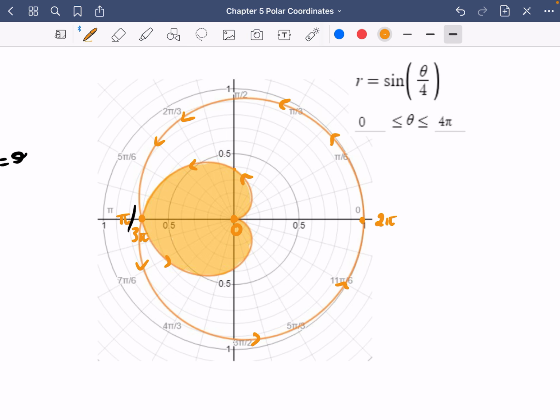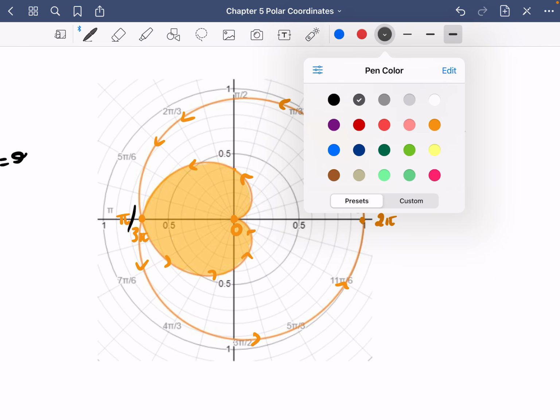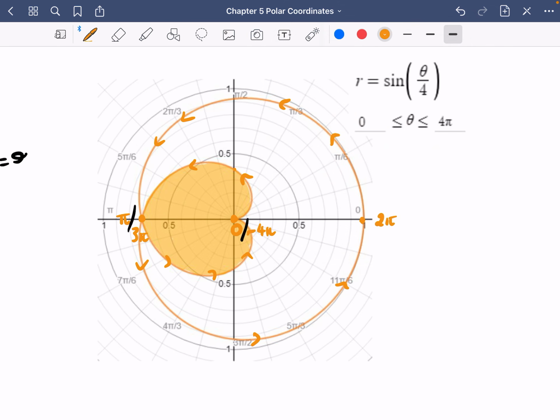And then it keeps coming around like this, and it finishes off at this place, which is going to be 4 pi. Okay, so those are the 2 times that it's starting at these places. So it goes 0, pi, 2 pi, 3 pi, 4 pi.